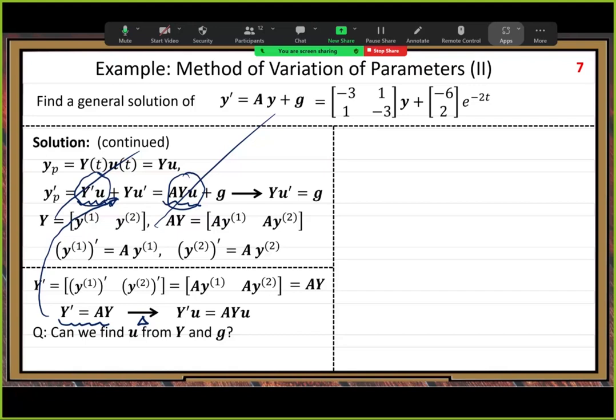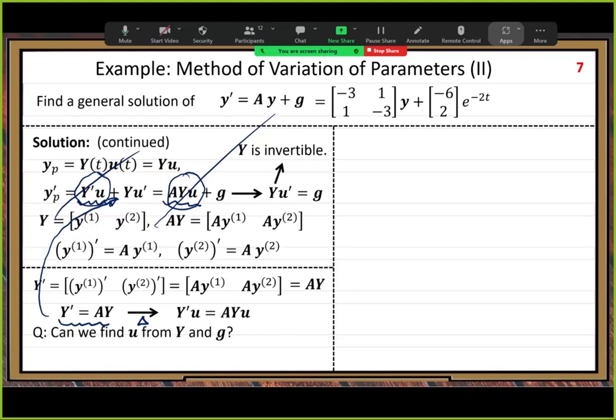Y is known, right? After you solve the homogeneous equation, y is known. G is given in the original question. Y matrix known, g vector known. Can you find the u vector that satisfies this equation? Not too hard. And we know Y is invertible.